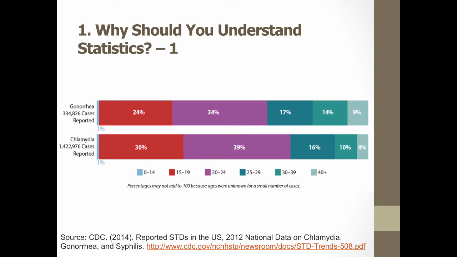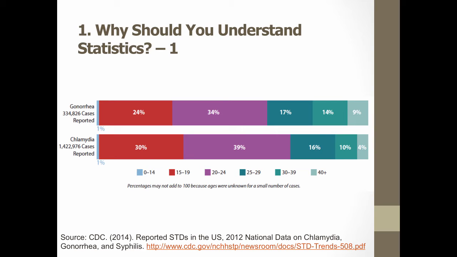And so we can see that in 2012, there were 334,826 cases of gonorrhea. And in that same year, we see that there were 1,422,976 chlamydia cases. So just right off the bat there, you can see that there were more chlamydia cases reported than there were gonorrhea cases. That may have been something that you wrote down.